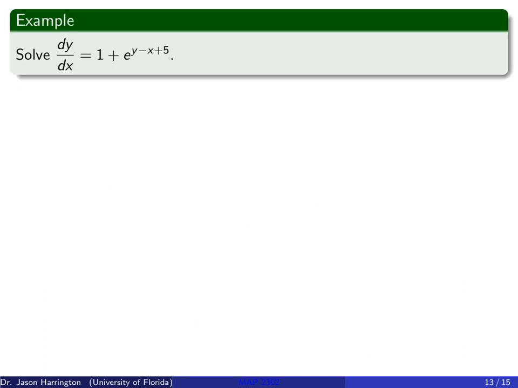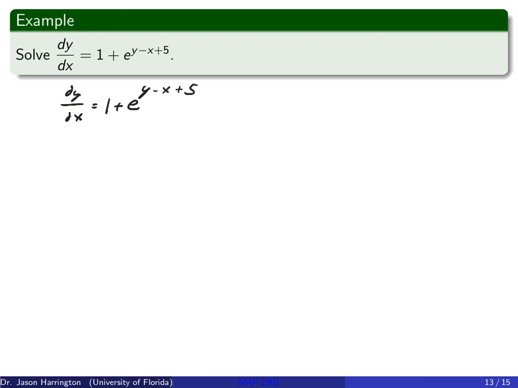So we have dy over dx is equal to 1 plus e to the y minus x plus 5. So here's what I do. I have dy over dx is equal to 1 plus e to the y minus x plus 5.